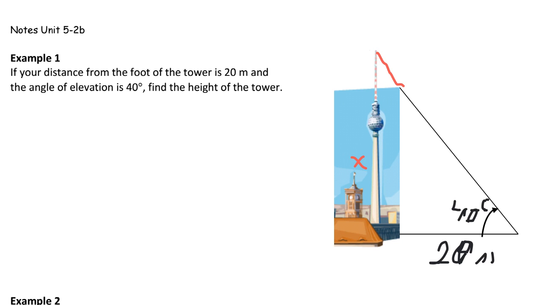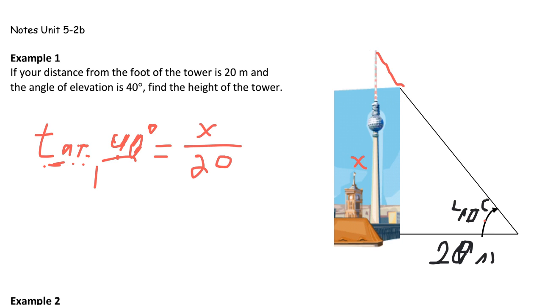So if we look, at the 40-degree angle, we have opposite and adjacent. Opposite and adjacent is tangent. So the tangent of 40 degrees equals my opposite over my adjacent, 20.